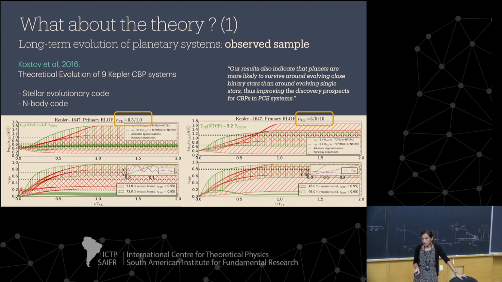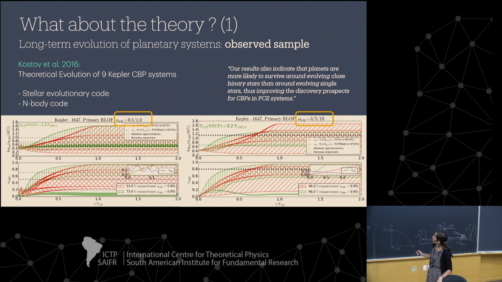Many things happen, of course, depending on the type of evolution; he used specifically the alpha formalism, you can check here. This was for the case of 0.2 and then 1, so you have two different options. And for the system Kepler-1647, it was for alpha 3, 5, and 9. So he tried to understand what was happening to the planets depending on the type of evolution the binary was having.